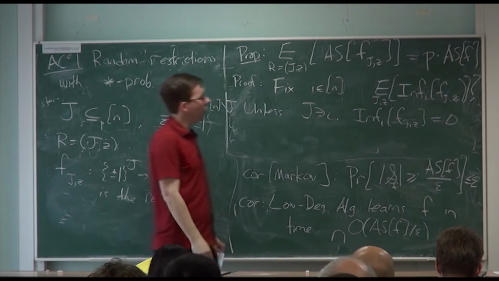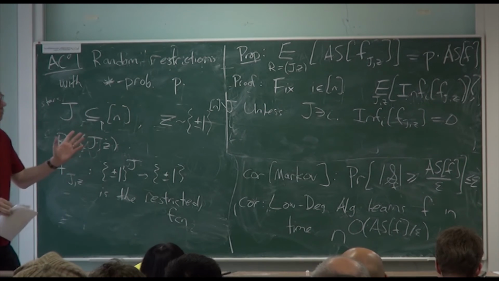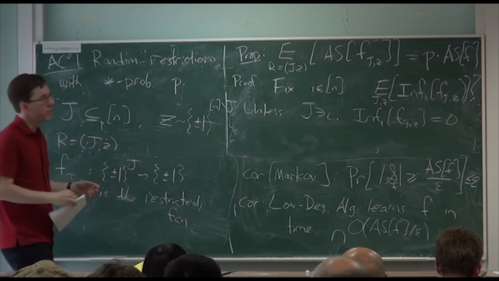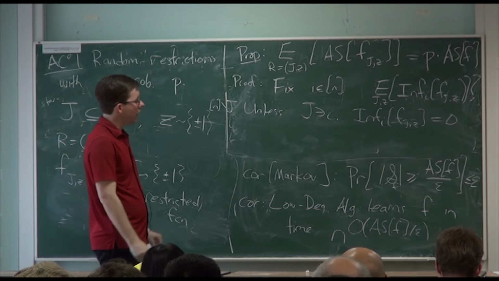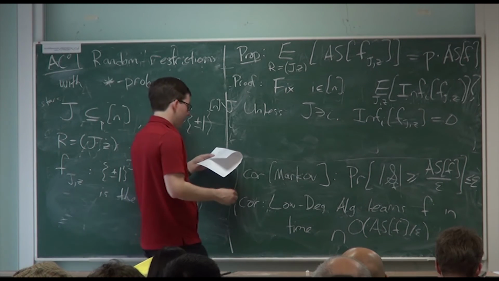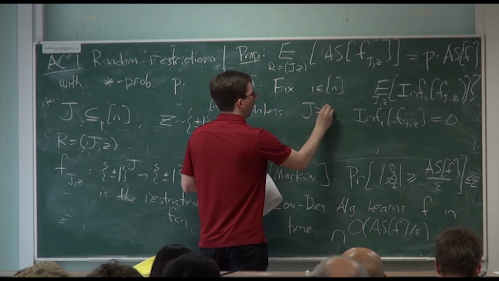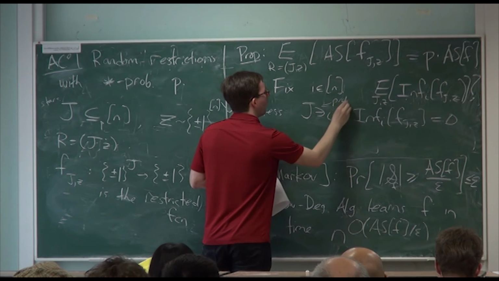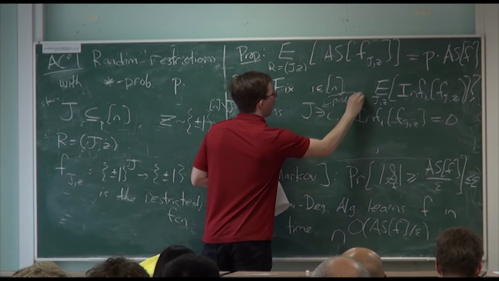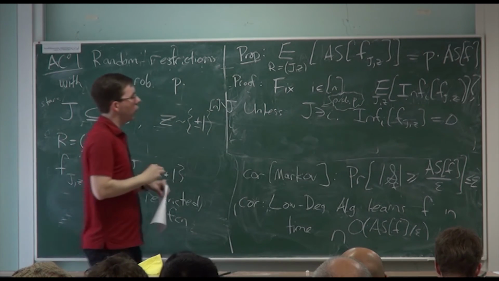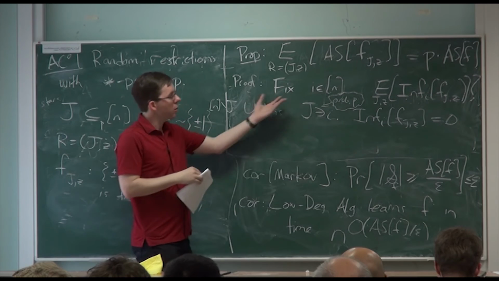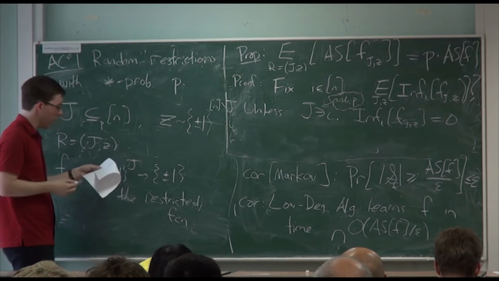Because if this ith coordinate doesn't become a star coordinate, it's going to have no influence. It doesn't affect the function. But if it does, the probability of this is exactly P. So with probability 1 minus P, it's going to be 0. With probability P, it's going to be a star coordinate.